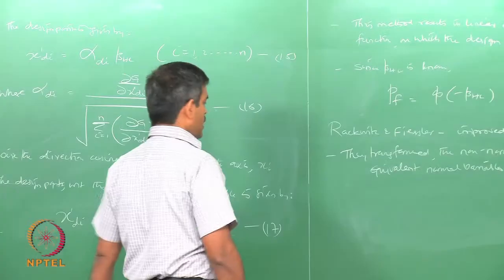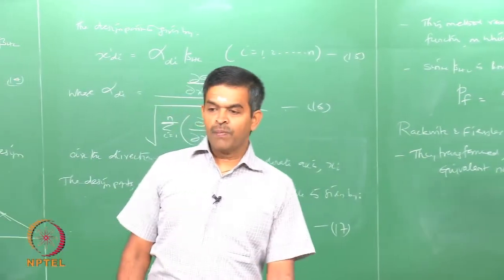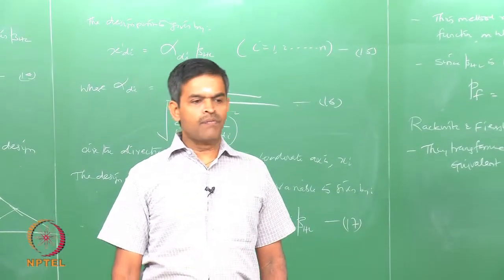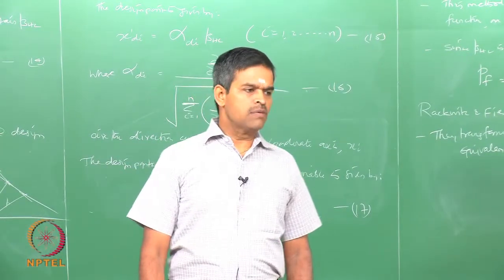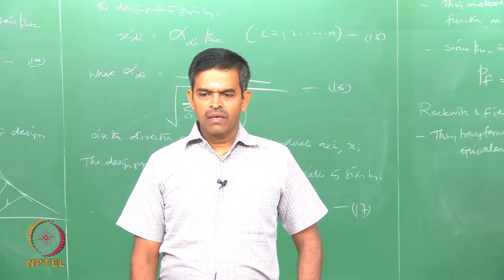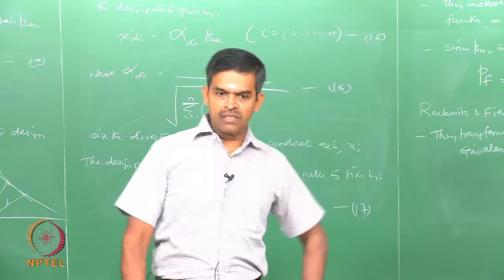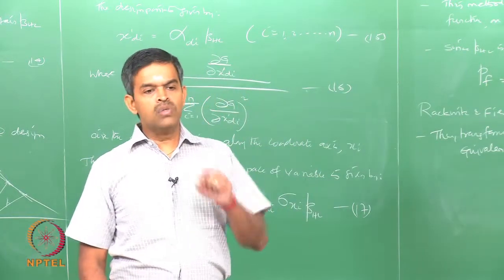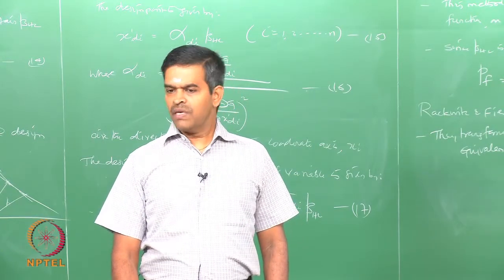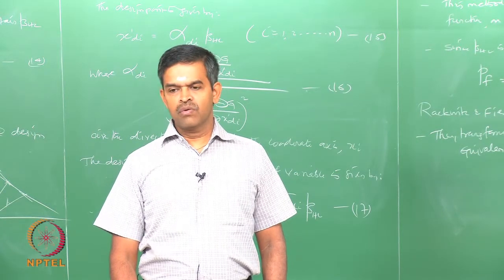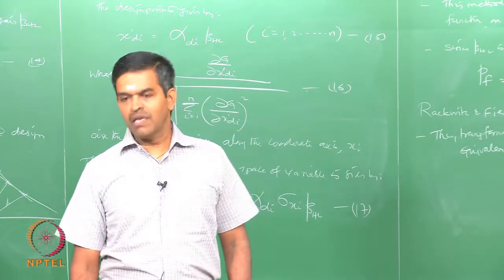So, in this lecture we have understood details about the first order second moment method, if the performance function is linear and if it is non-linear. We have also seen one more method suggested by Hasofer-Lind. It is very easy if the performance function is linear, one can find the design point. The design point is the point on the performance function whose distance is minimum from the origin. So, it is easy to obtain a point whose distance is minimum from the origin if the point is lying on a straight line or linear function.